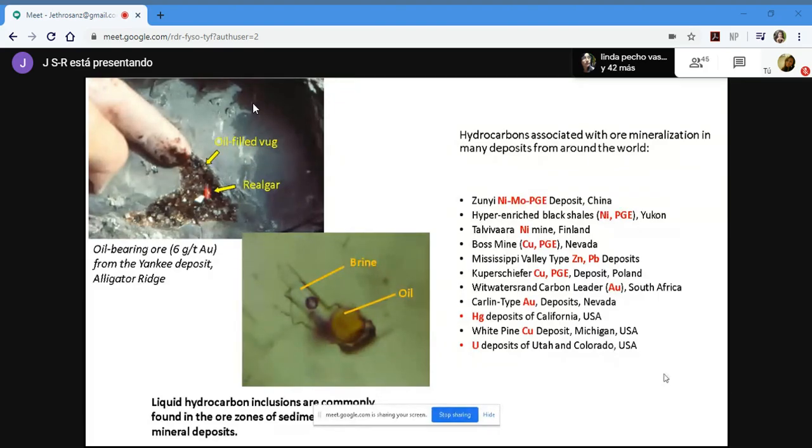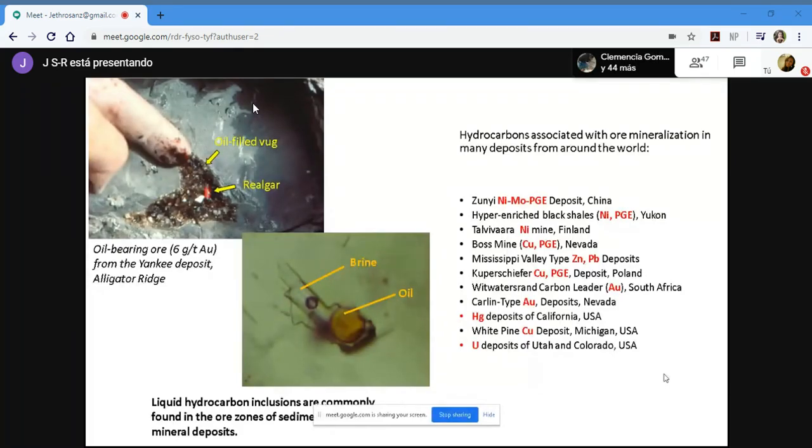All of these elements exist in sediment-hosted deposits where there appears to have been an injection of petroleum into the system. So the hypothesis that I've been testing for my PhD is whether the petroleum can transport metals from deeper parts of the basin into the ore zone.